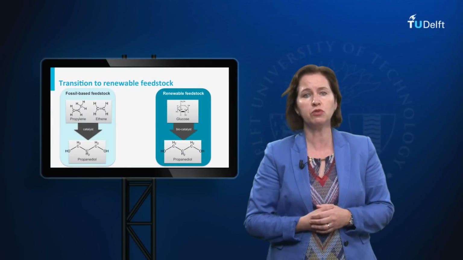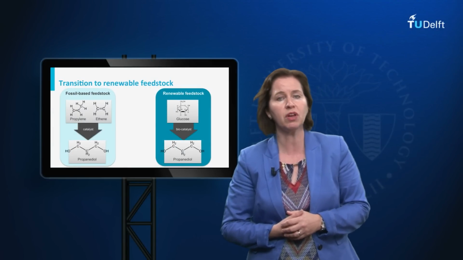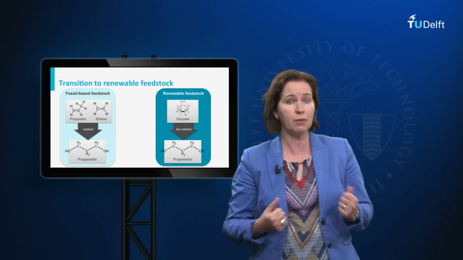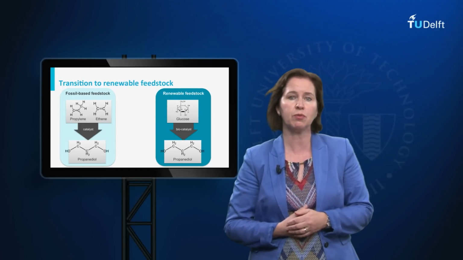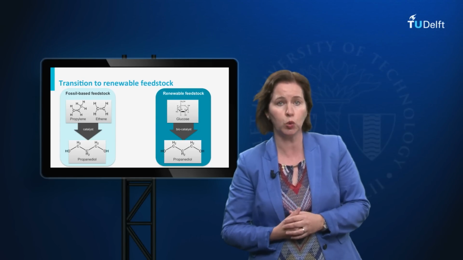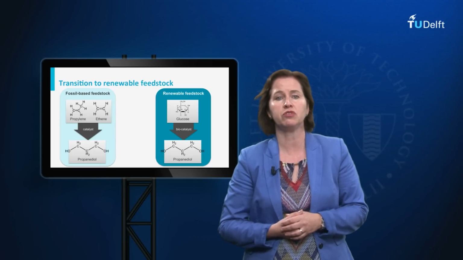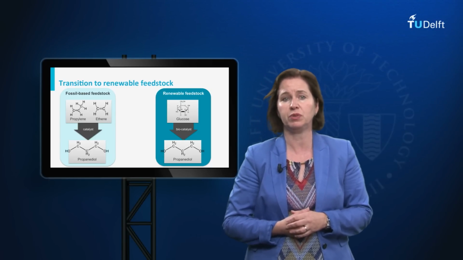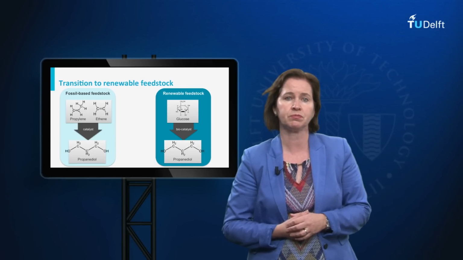The advantage of using a renewable feedstock is a smaller environmental footprint and lower manufacturing costs. Also, the capital investments for these type of processes are typically low. All these advantages result in a lower price for propanediol and a higher availability of PTT for the market.